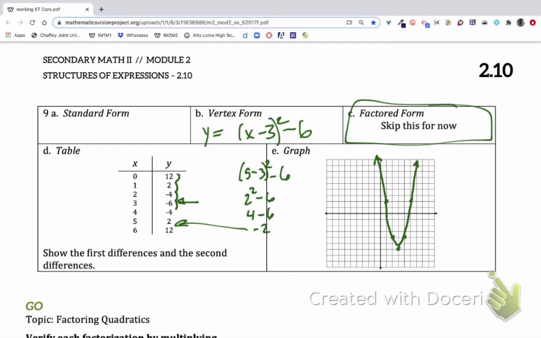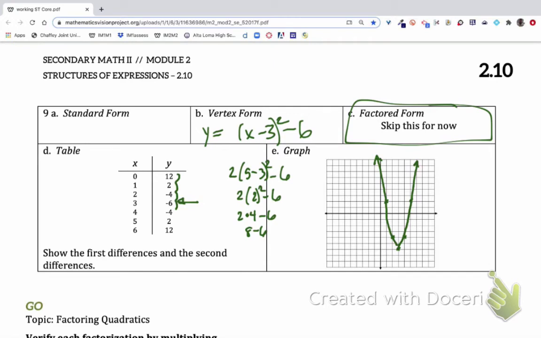So now, I would encourage you to play around with some numbers here and see how I can make that happen. Some sort of vertical stretch. So we can take 2 times 2 squared minus 6, 2 times 4, 8 minus 6, gives me 2. Cool. One case, not good enough.